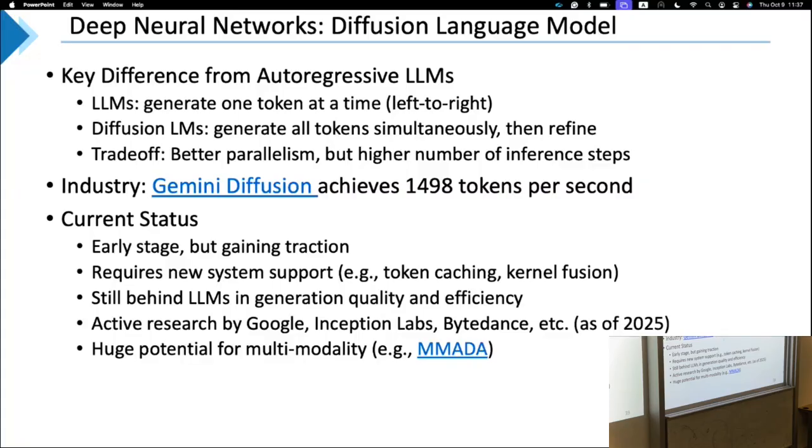But it's still in a very early stage, because its algorithmic performance is still much lower than large language models. Even though it can show some comparable performance in some structured generation tasks, for example coding, it's still behind. But it's becoming a very promising and active research direction.